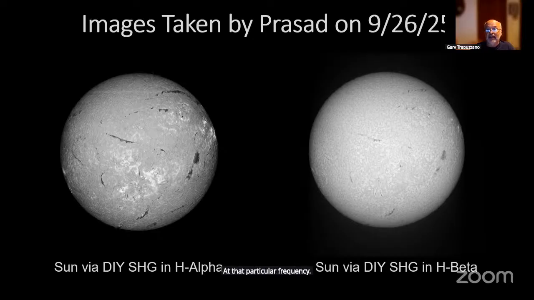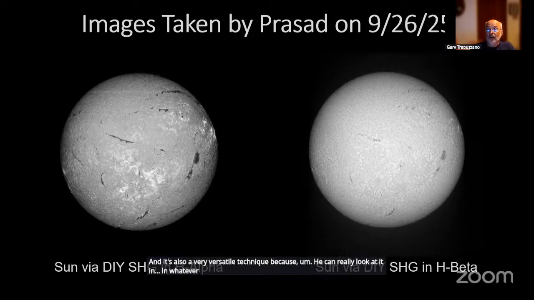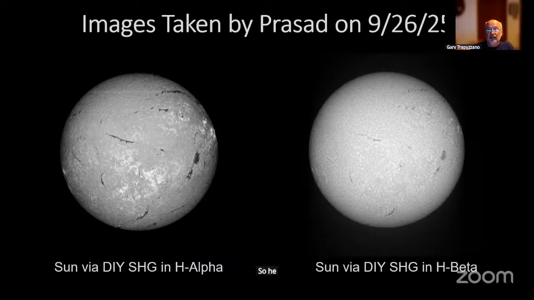So it's a really fascinating technique. And it's also a very versatile technique because he can really look at it in whatever wavelength he wants. So he's routinely done the H alpha, H beta, calcium images, things of that sort. So that's going to be an exciting presentation. So I encourage everyone to join in on that.